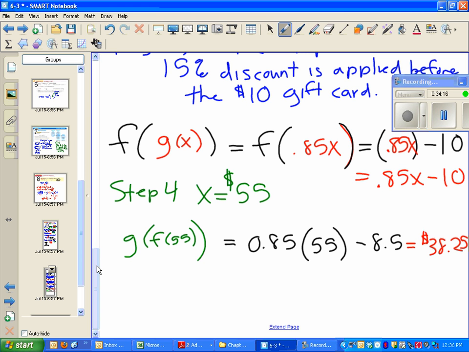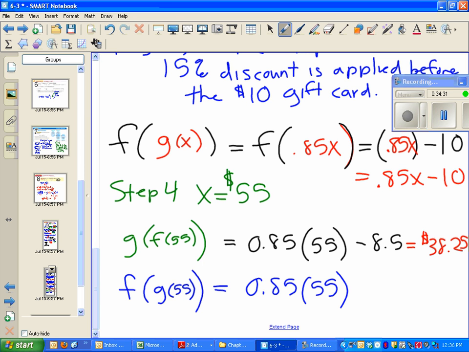And then for the other way, they ring up all your stuff, give you a discount, and when you pay, you give them the gift card. You're paying 85% of the full price, so we multiply 85% times the $55 for this problem.